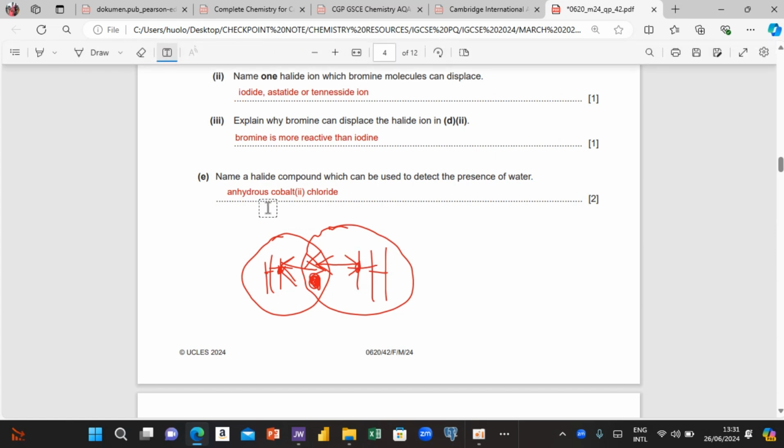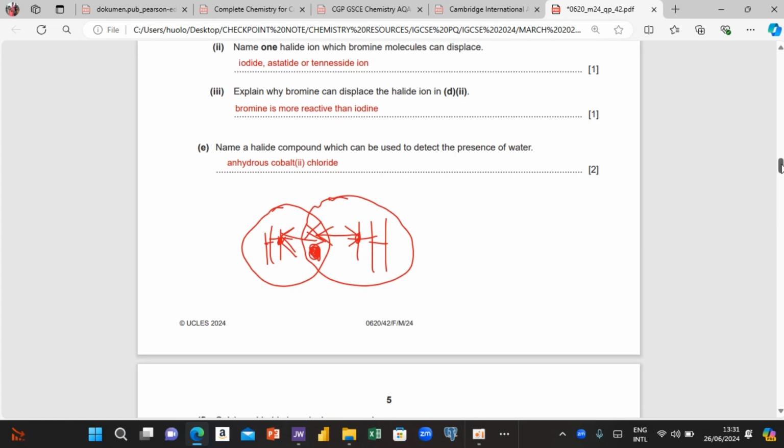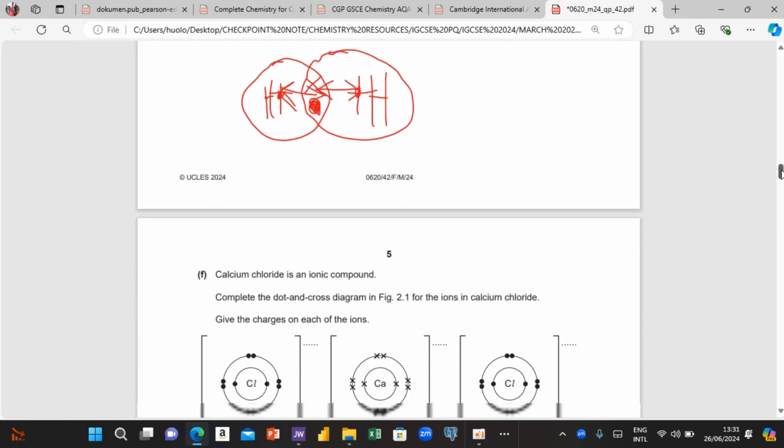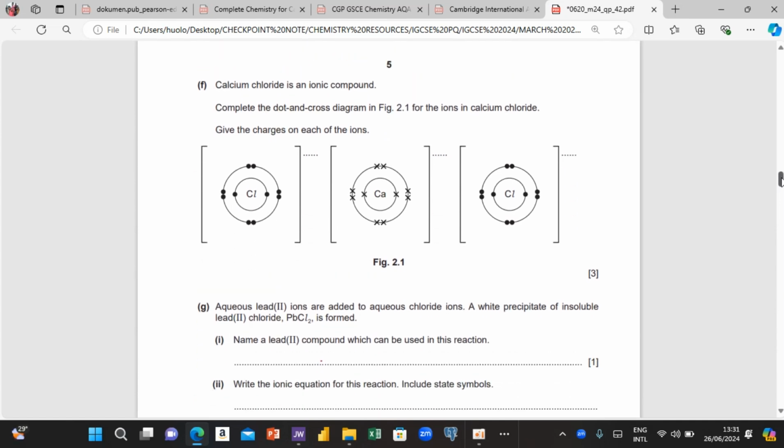This specific one, anhydrous cobalt(II) chloride, we go from blue to pink, while anhydrous copper(II) sulfate, we go from white to blue. So don't confuse yourself with the blues that are there. Just get it straight. Okay, now we make progress to F.